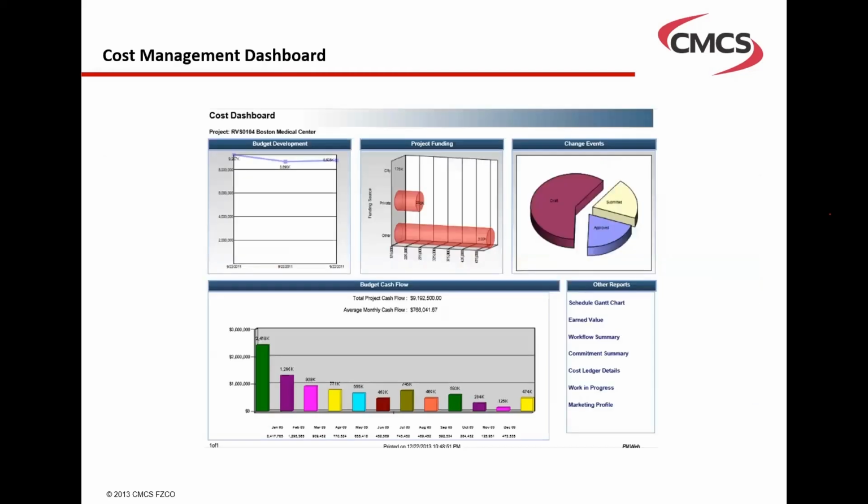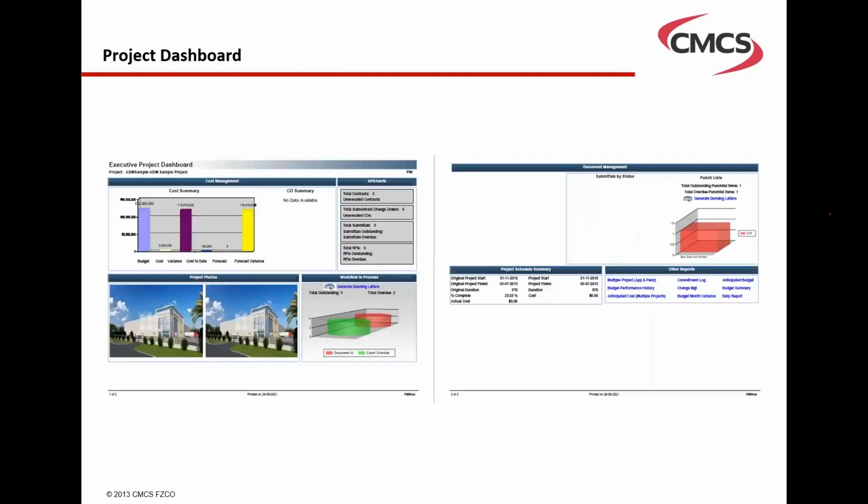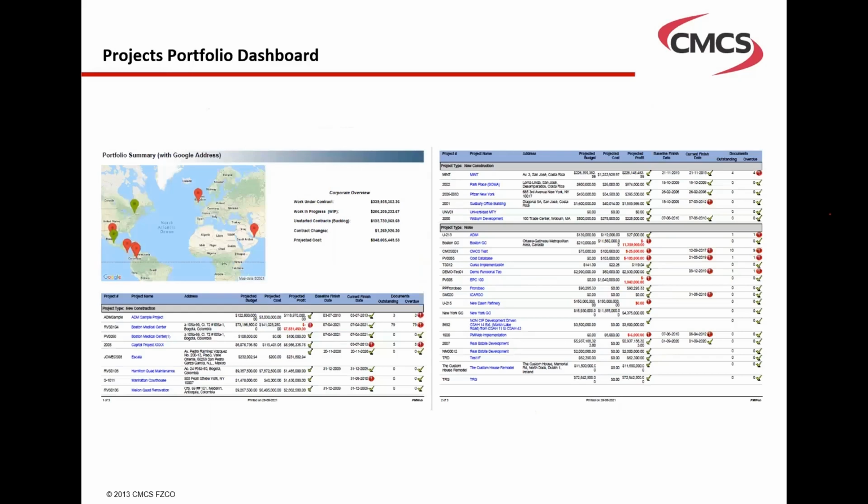I can show it also in graphical form that some stakeholders might be interested in, and this cost data can be part of your project dashboard that includes other data, maybe on quality, risk, safety, etc., as well as a consolidated dashboard for all your projects.